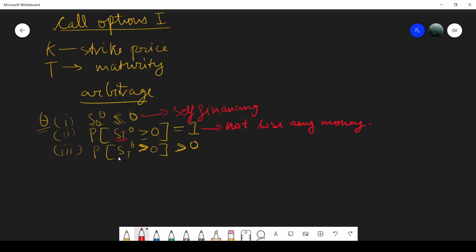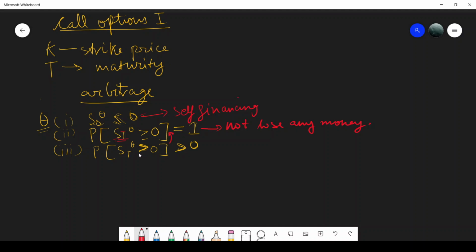And then the probability that the value of the strategy is greater than zero is greater than zero. This basically means that there's a real chance that this condition will occur.